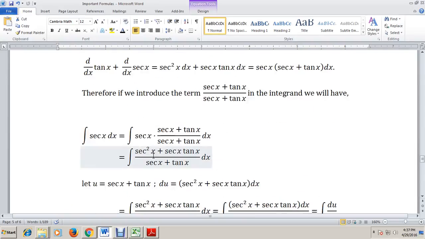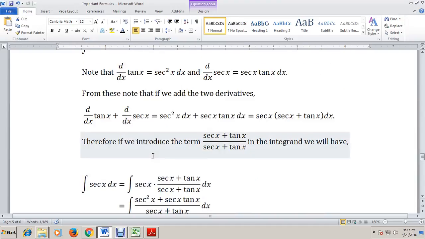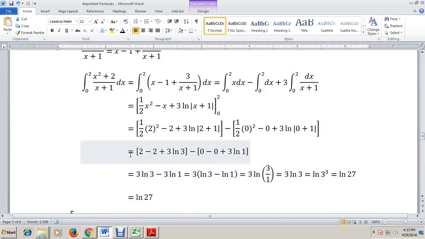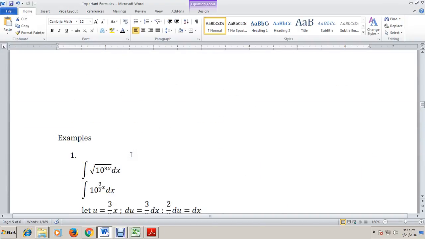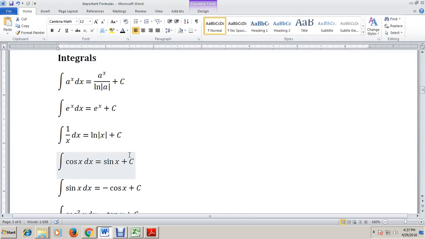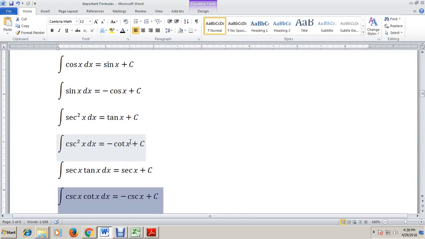Okay, so we now have 4 of the trigonometric functions in our list of integrals. We have the integral of cosine x as equal to sine x, and the integral of sine x is equal to negative cosine x.